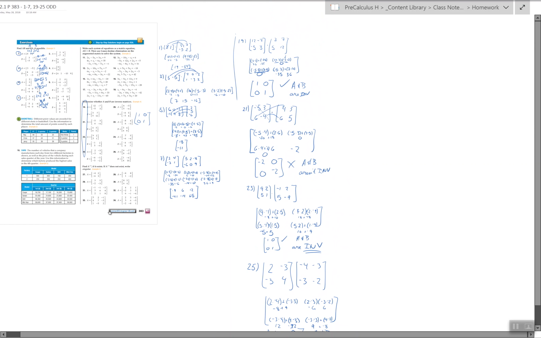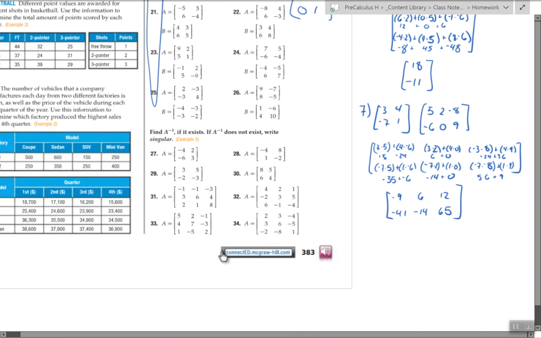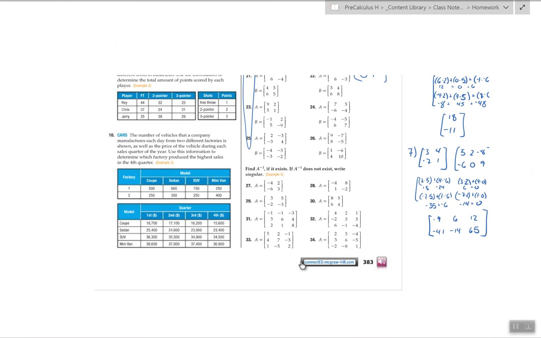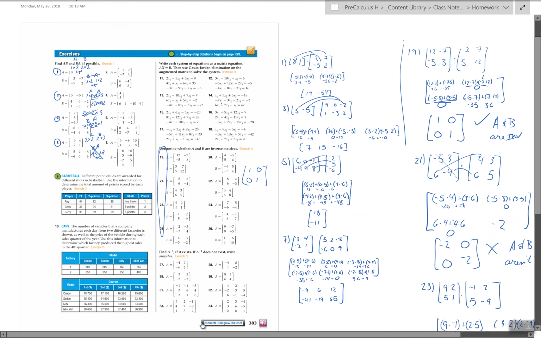Okay, so that is it for this homework. Again, to determine if things are inverses, we've got this method where if they give us two matrices, we can multiply them together and check to see if we get the identity matrix, the 2 by 2 identity matrix. We will then be able to find A inverse just given one matrix using a determinant method, which was the second part of this section.